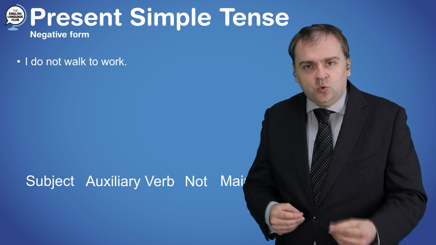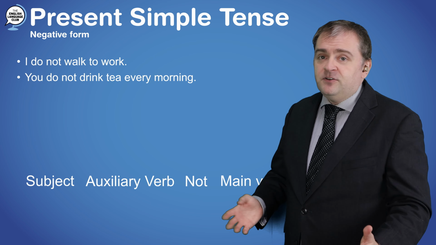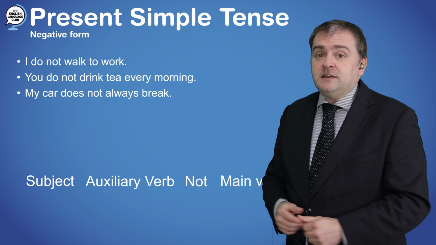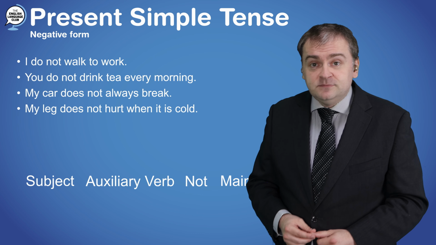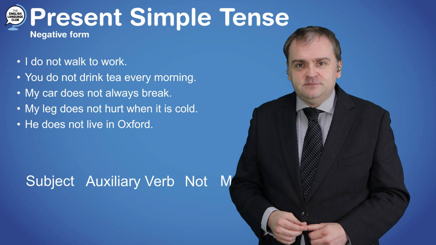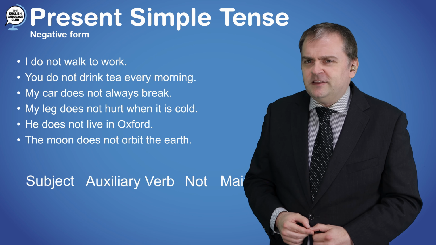I do not walk to work. You do not drink tea every morning. My car does not always break. My leg does not hurt when it's cold. He does not live in Oxford. The moon does not orbit the earth.